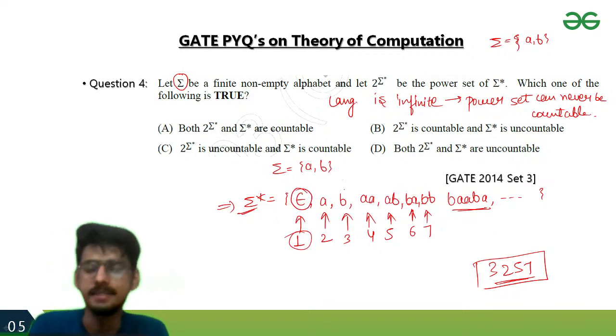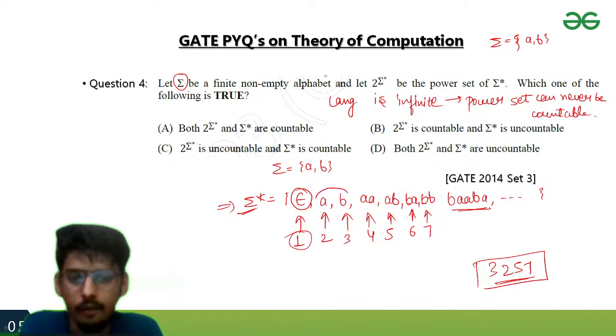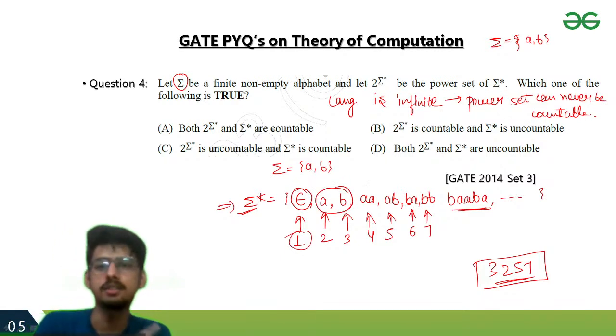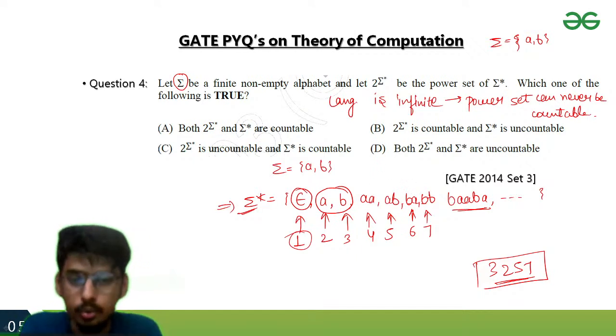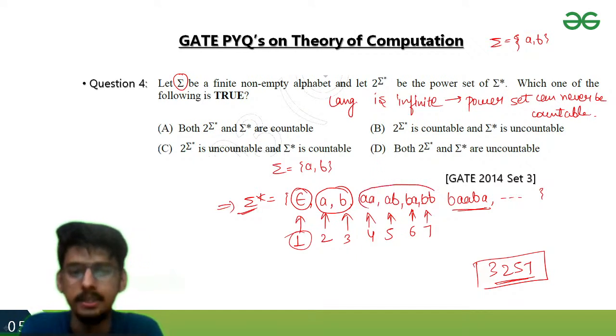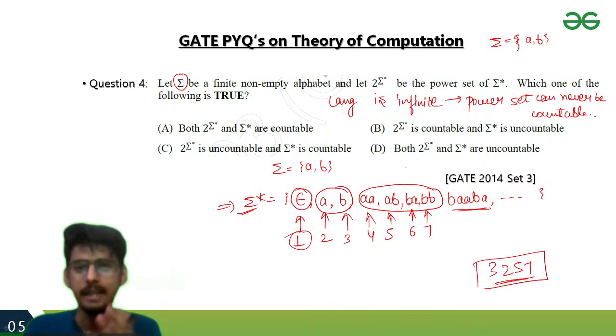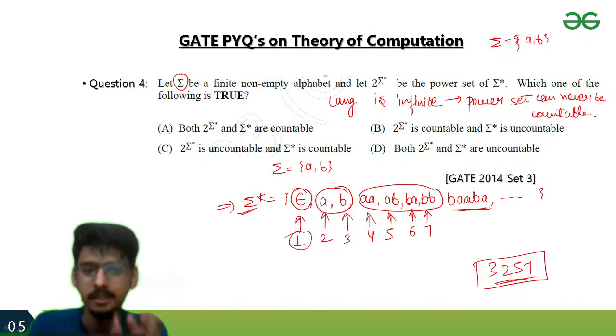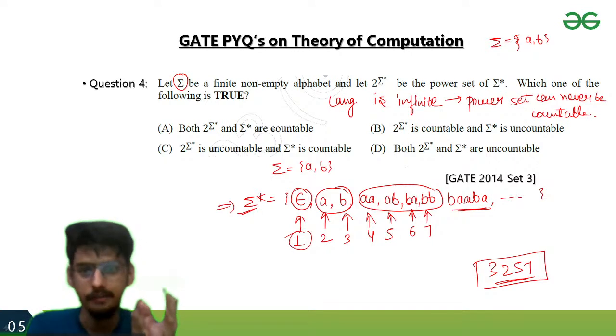Then in the next steps I generated the strings of length 1, which are a and b. Then I generated the strings of length 2, which are aa, ab, ba, bb, right? So I am generating the string of length 0, then the strings of length 1, then the strings of length 2.